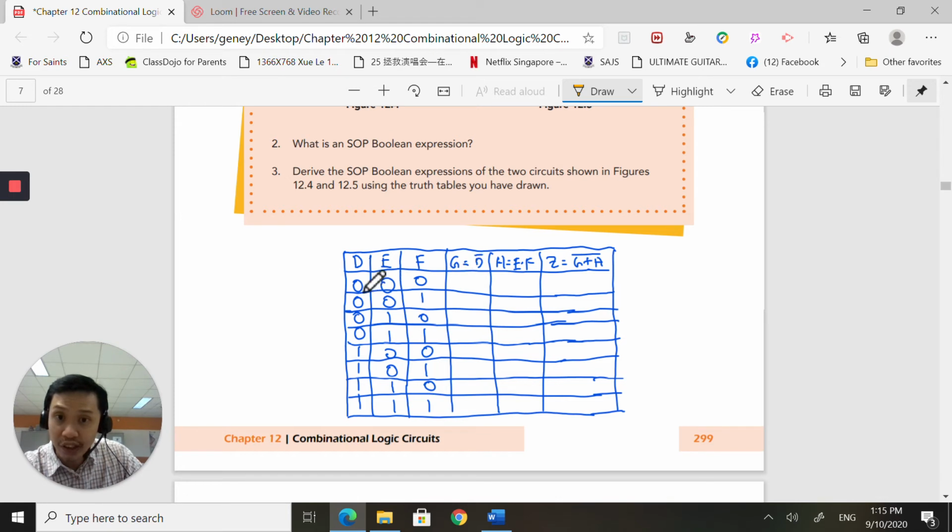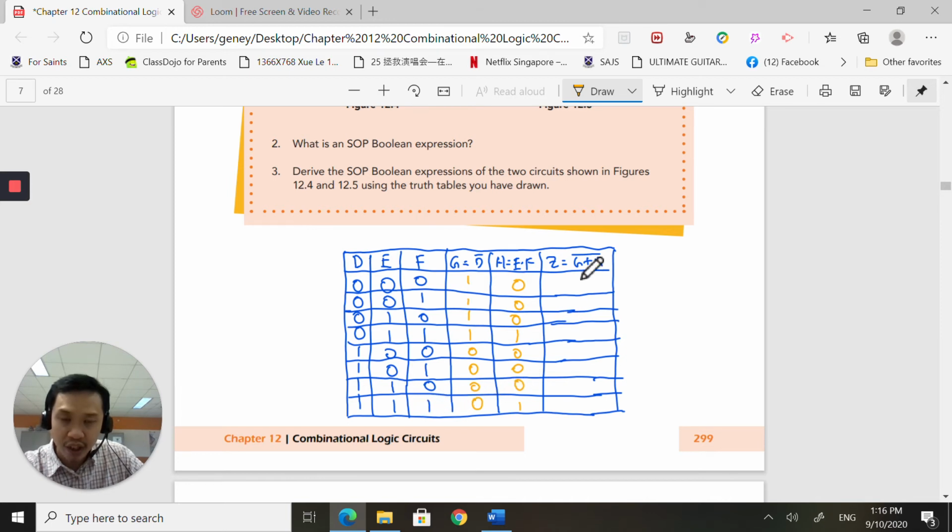So it's 0, 0, 0, 0, and now the opposite is 1, 1, 1, 1. 4 ones, the opposite of the 4 ones is 4 zeros. Okay, done. H is E and F. So I'm looking at E and F. 0, 0, 0, 0, 1, 0, 1, 0, 0, 1, 1, 1. Okay? So it follows the same pattern because it is an AND gate.